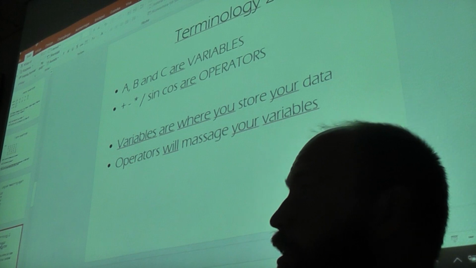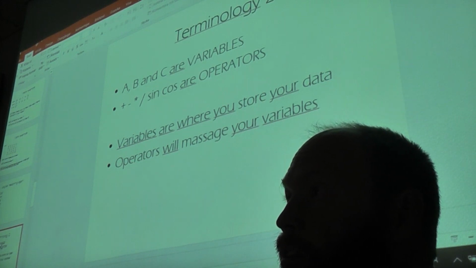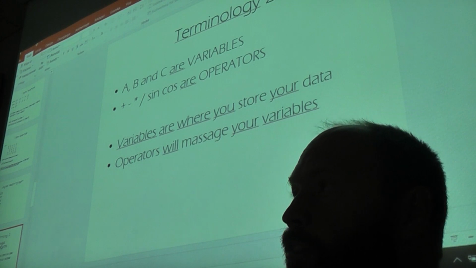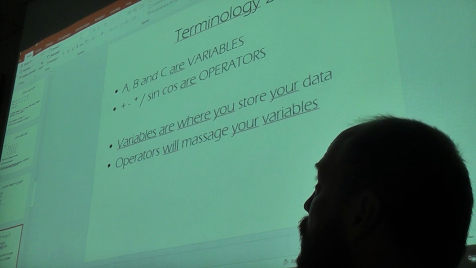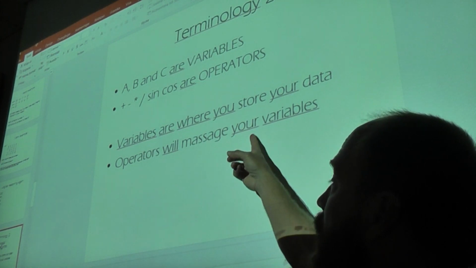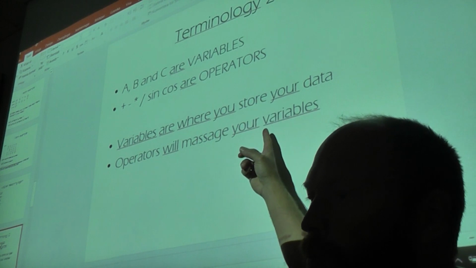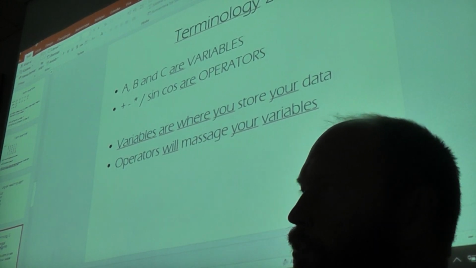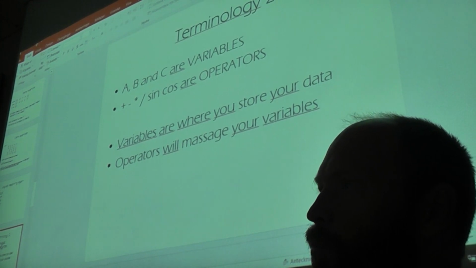And then we have the plus, minus, and different kinds of operators on your data. They are called operators. They will take your variable and do something with it. You use operators to massage your data in one way or another.